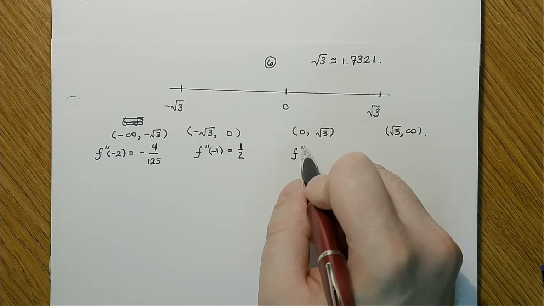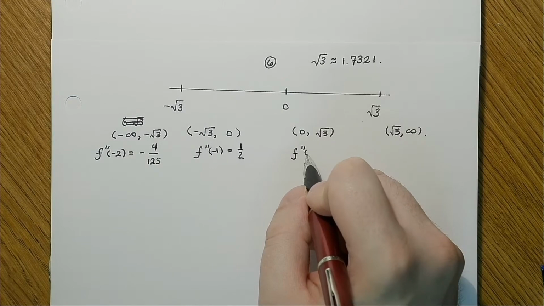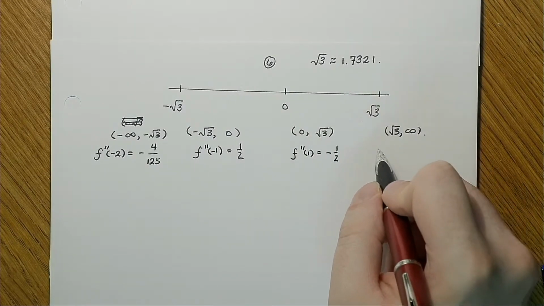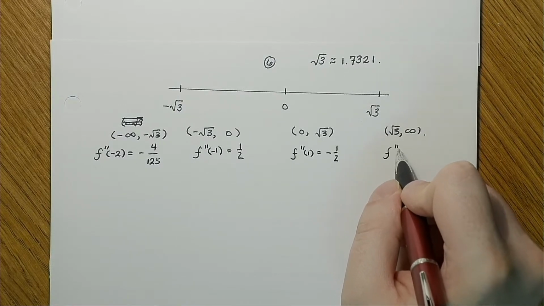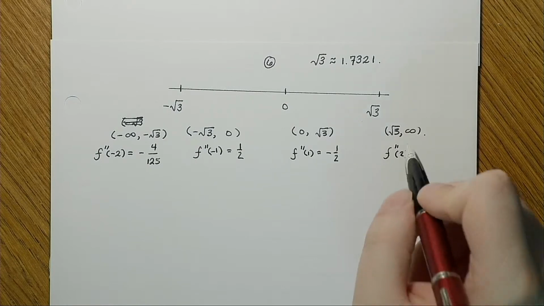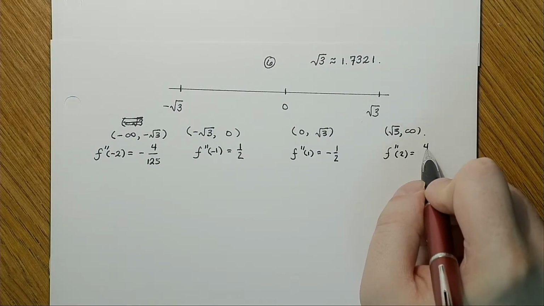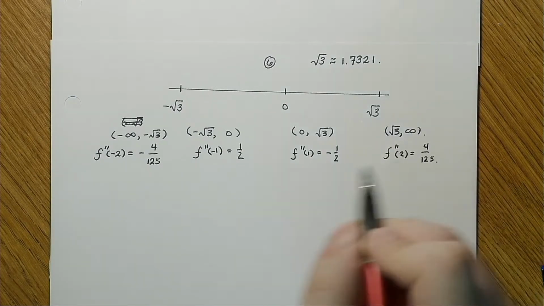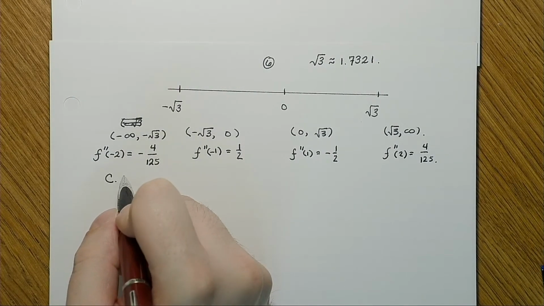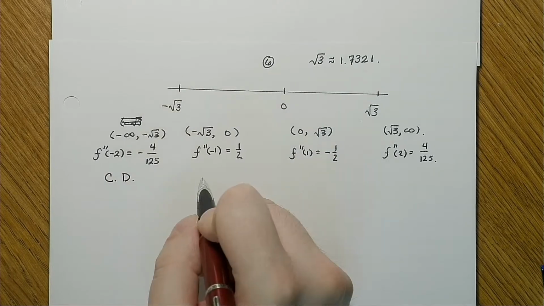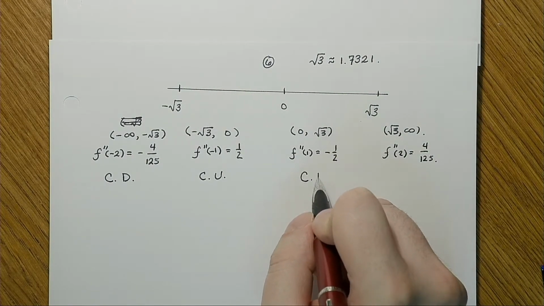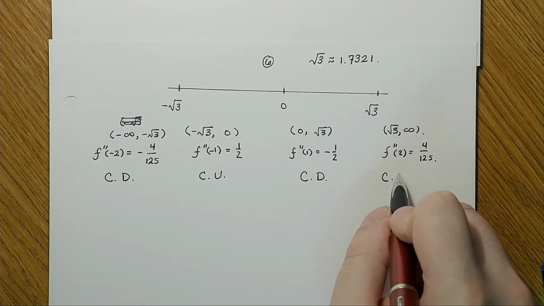I can substitute in my value here at 1, and I get minus a half. And then lastly, I'll pick a value of 2, and that's 4/25. So again, this is negative, so that means it's concave down. This is positive, this is concave up. This is concave down. This is concave up.